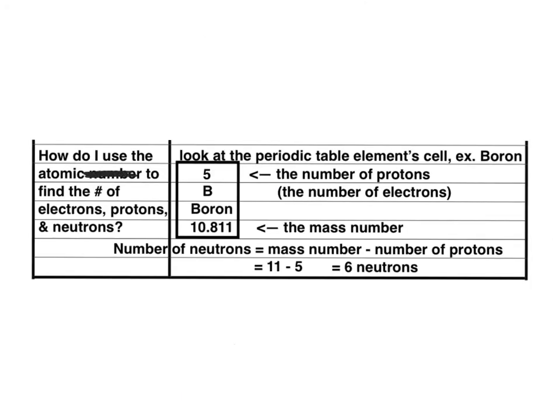All right. How do I use the atomic mass to find the number of electrons, protons, and neutrons? So this is where you're going to look at your periodic table, and each one has its own box. The top number is the number of protons, which is also the number of electrons, always. So you can remember P equals E, always, that number up on the top. Then it has the symbol, which is B for boron. And then the big number on the bottom, that is the mass number.